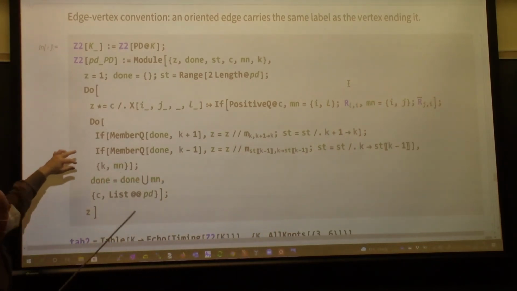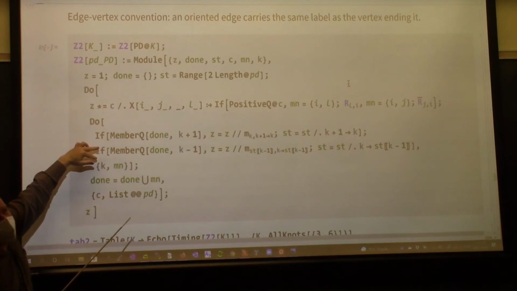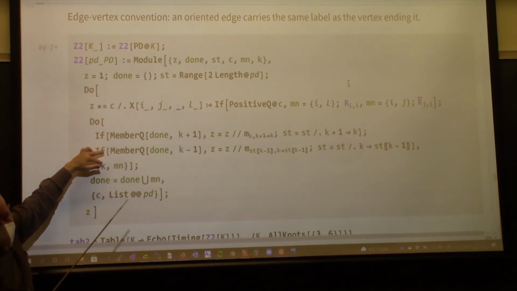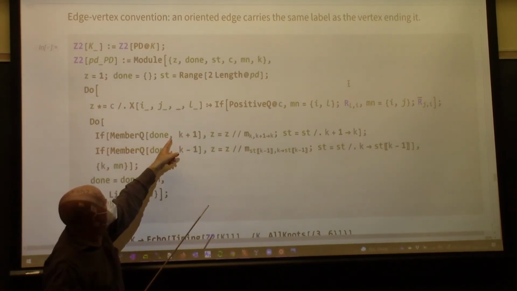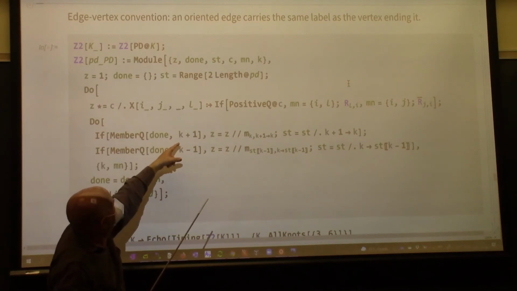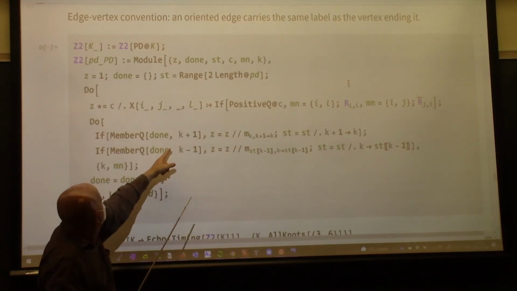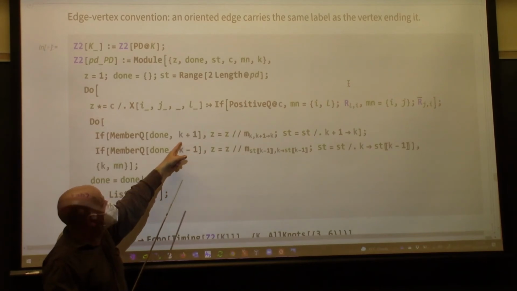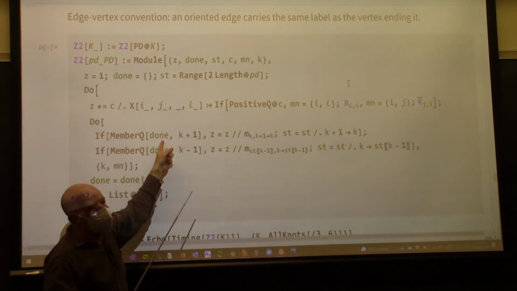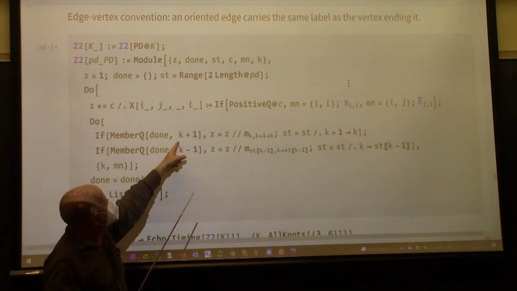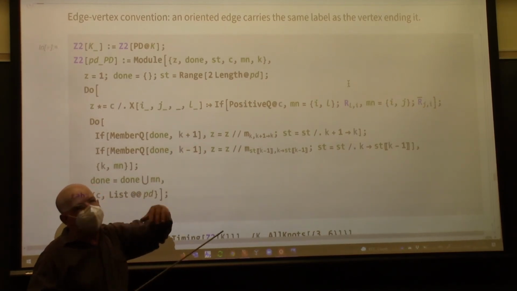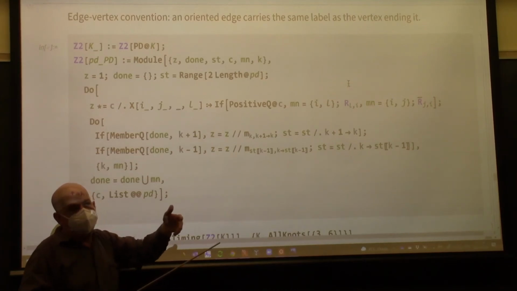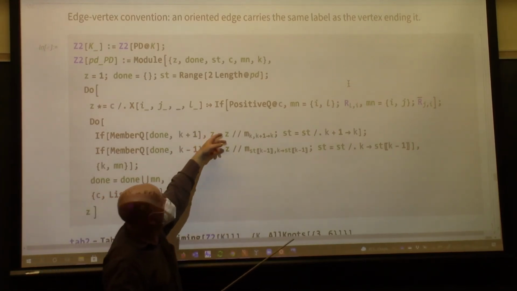And then, and this is the tricky thing, this is the thing that takes thinking, so I will not go through it, but the point is, if one of the indices of your crossing belongs to the done list, or rather if the done list is adjacent to one of the indices of your crossings, then you multiply.